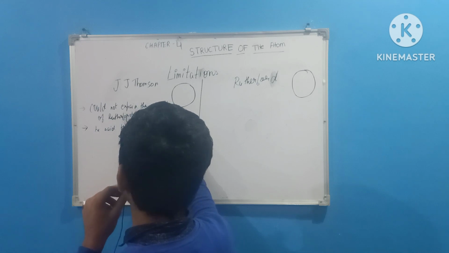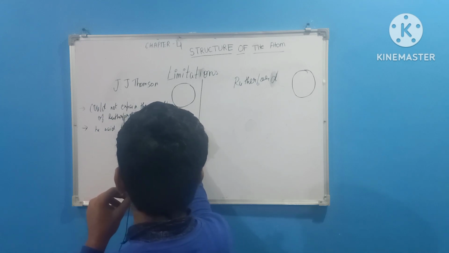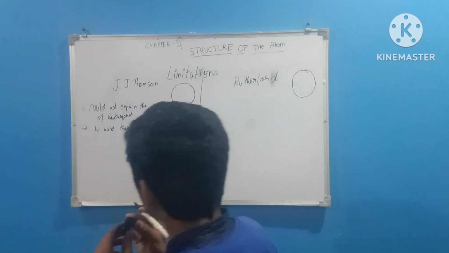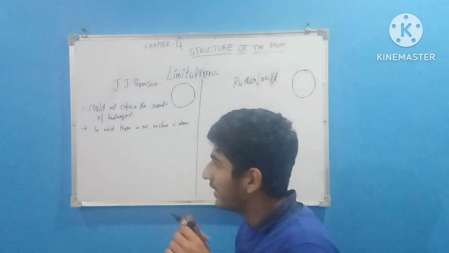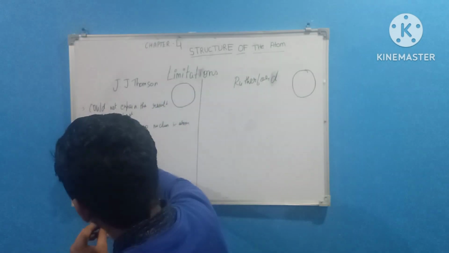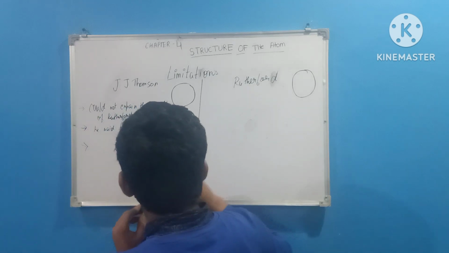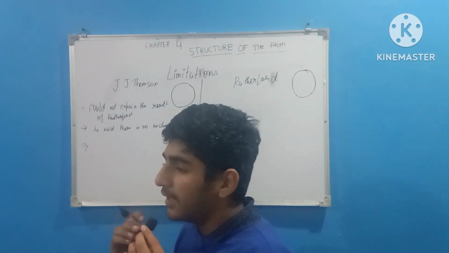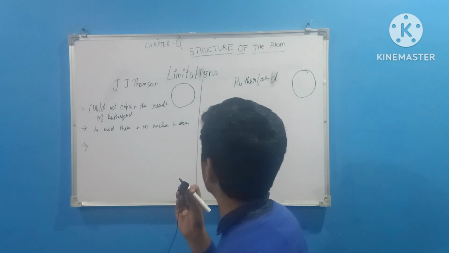There is no nucleus in the atom. He said that there is no nucleus in the atom. And the last limitation is that he said that electrons are emitted in an atom.